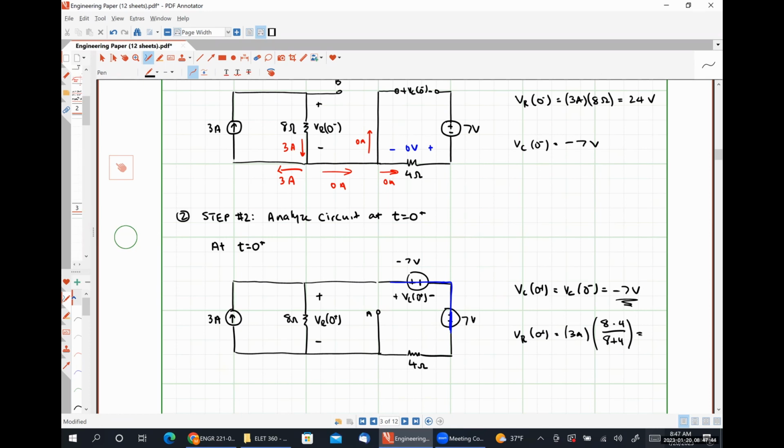So 3 times 8 times 4 over 8 plus 4 gives us 8 volts. So current division and then Ohm's law, or just use Ohm's law with the resistors in parallel.